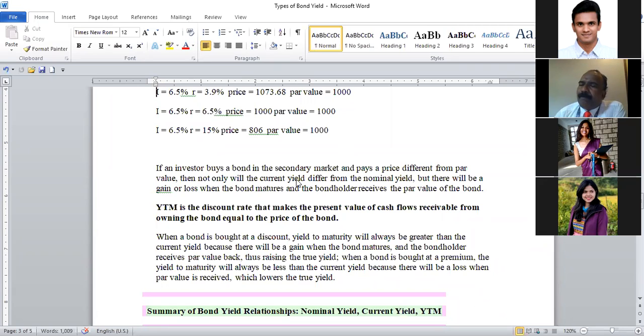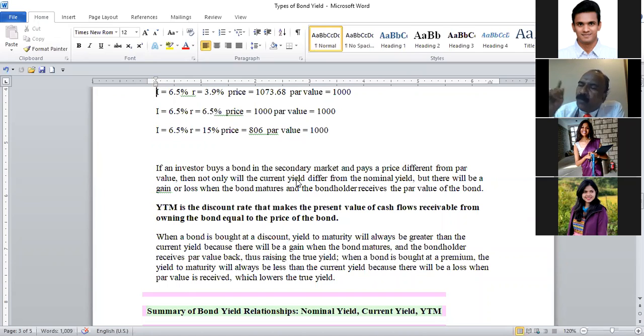So I repeat, the internal rate of return of the bond is called yield to maturity. That is the rate at which the present value of cash flow receivable from owning the bond equals its price.